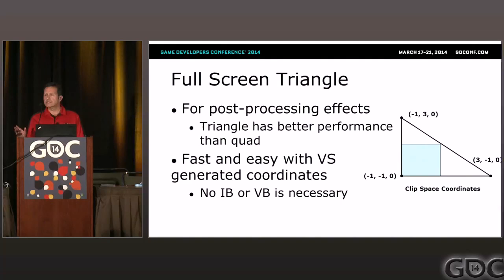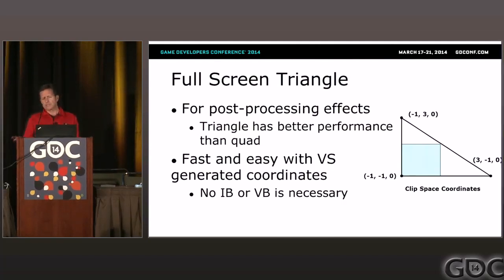And this is very easy to do, completely self-contained in a vertex shader. You don't need to create an index buffer or a vertex buffer. You don't even need to create a constant buffer to pass to the vertex shader. So what we're going to do is output these clip space coordinates, because that's what the vertex shader passes to the next stage.